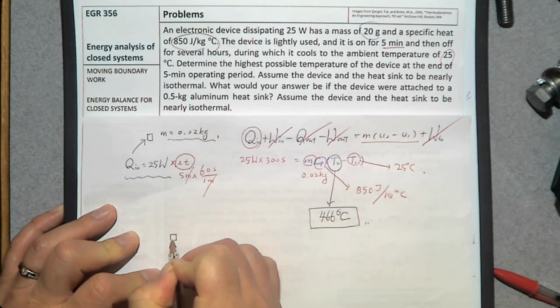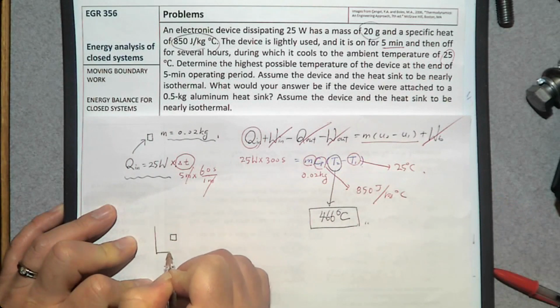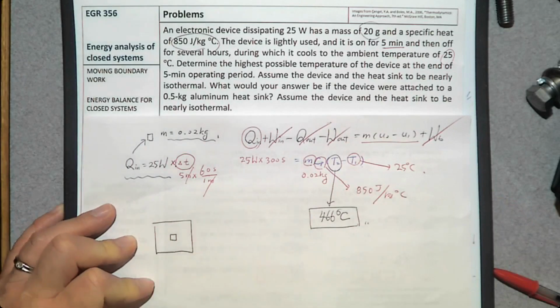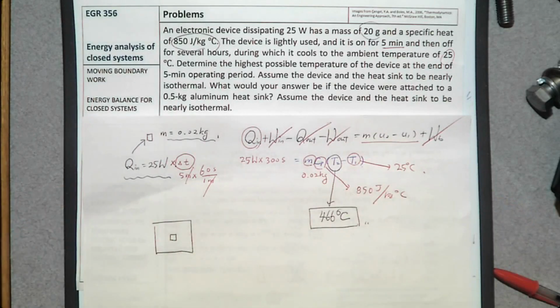Another mass surrounding this electronic device is going to share the amount of heat transfer heating this electronic device. So this much heat, 25 watt times 300 seconds, is not only going to be used to heat this electronic device, but the whole thing.